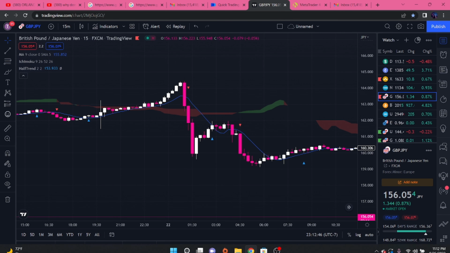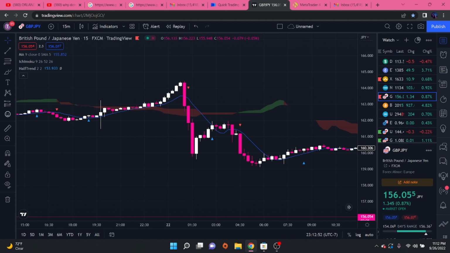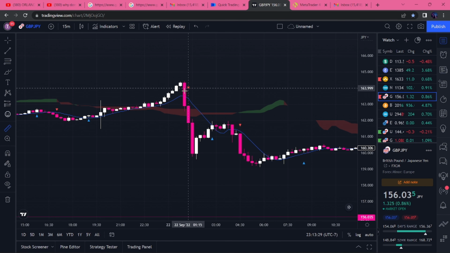All right, so we are now on the 15-minute chart, and I'm going to different time frames just to show you it doesn't matter what time frame you love to trade from, it will work. Here we have our signal to the downside. This candle closed below the moving average and below the Ichimoku cloud. So we would enter on the next candle, right?